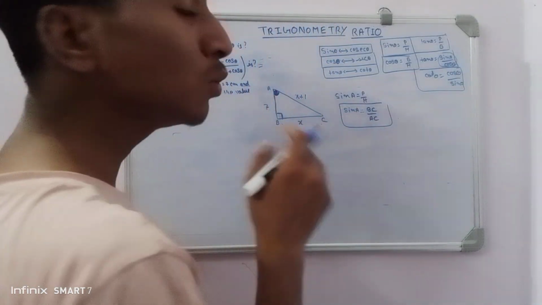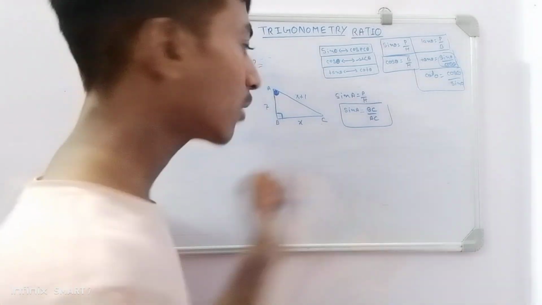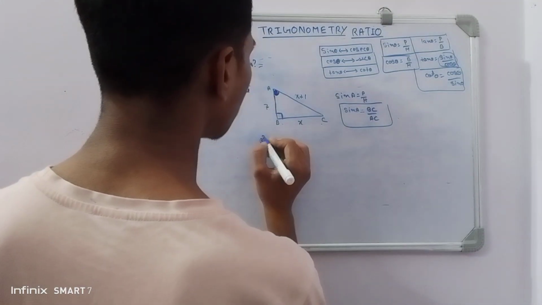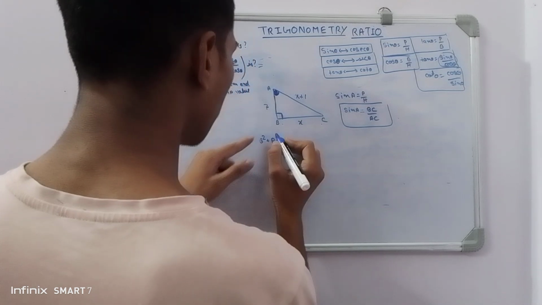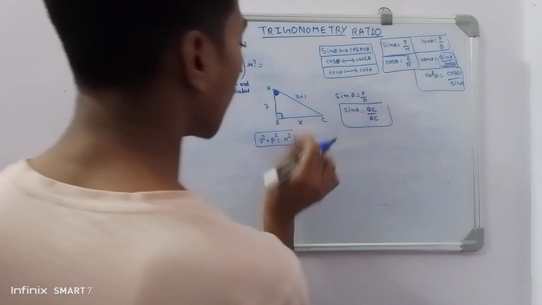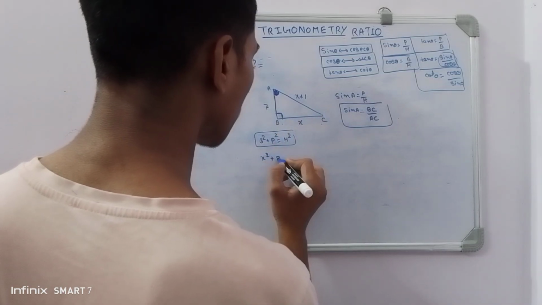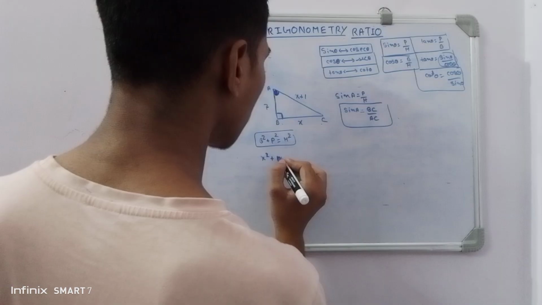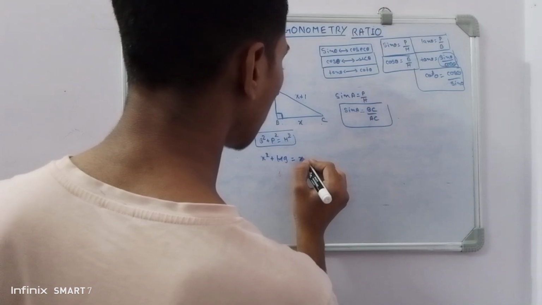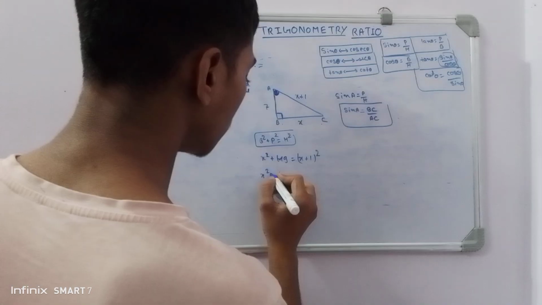You can find the value of x using the Pythagoras theorem. That means base square plus perpendicular square is equal to hypotenuse square. So x square plus 7 square, which is 49, is equal to x plus 1 whole square.